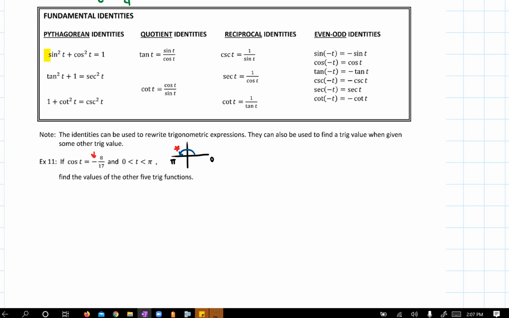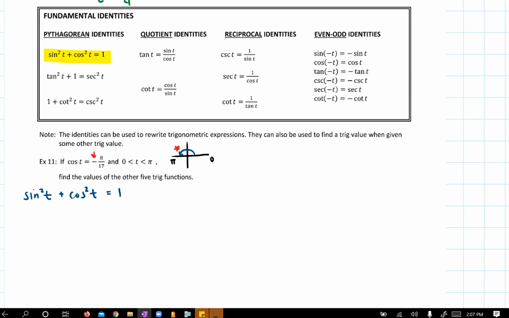And I always like to start off with my favorite, sine squared plus cosine squared is equal to 1. And what we can do is create a bit of an equation here. As far as the Pythagorean identity goes, I have sine squared t plus cosine squared t equals 1.